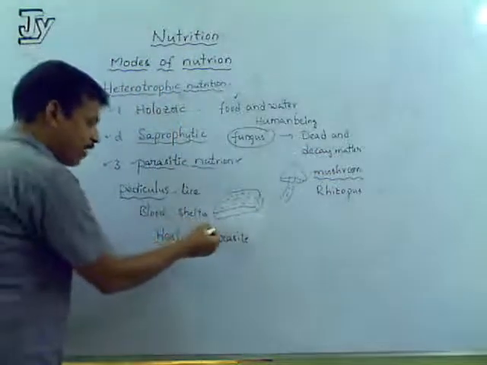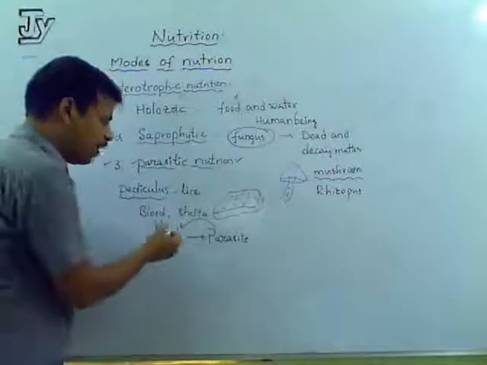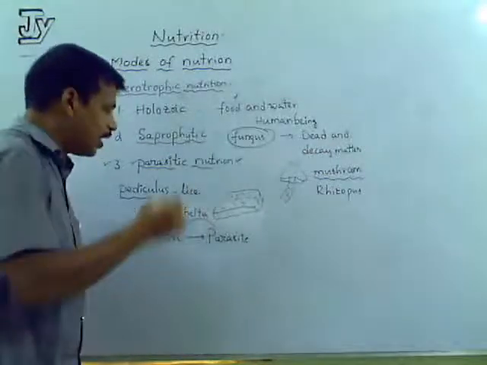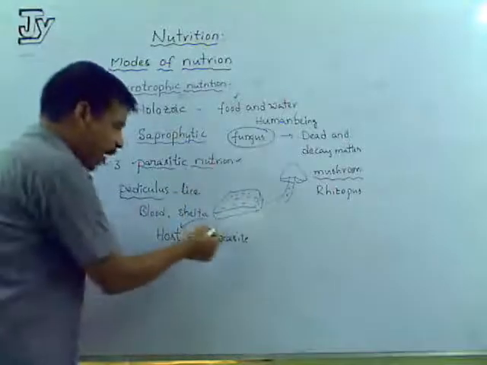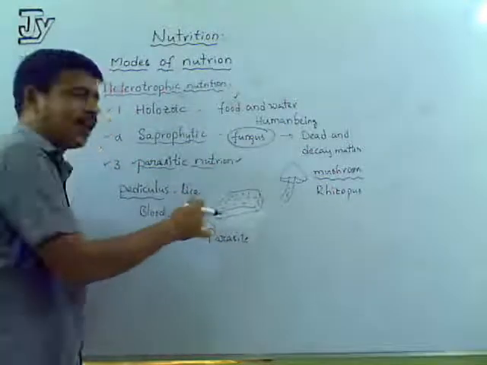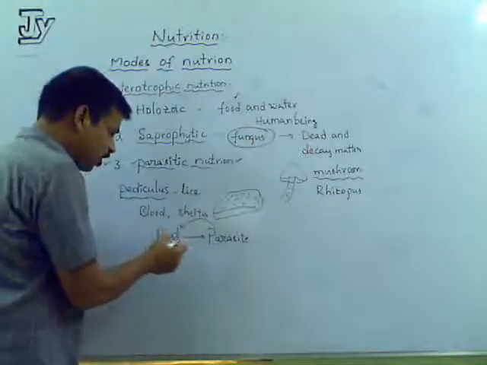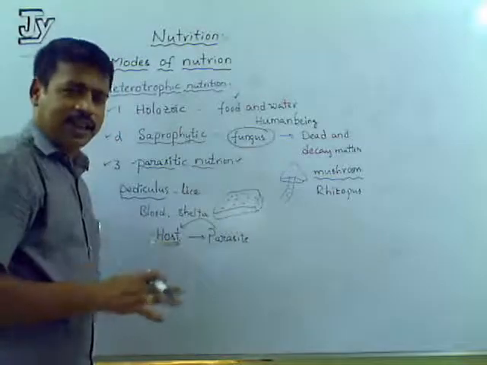Here, the parasites depend on the host for food and shelter. In some situations, the parasite may kill the host. If the number of parasites increases in its body, then the host is killed.